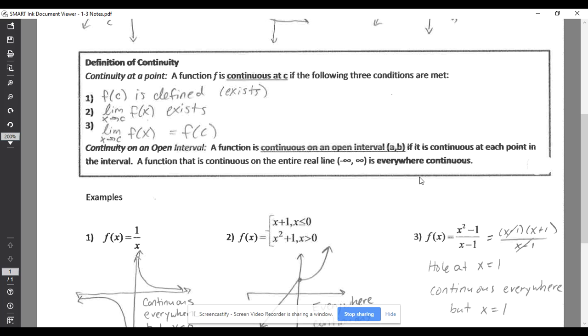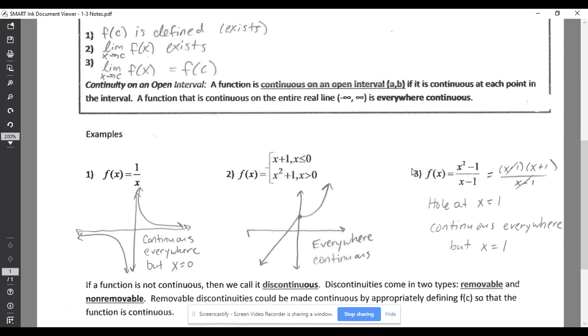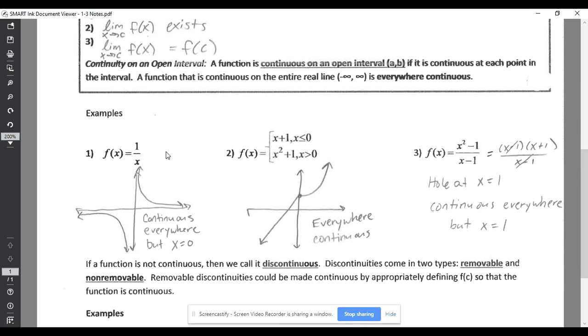Some examples of functions that are everywhere continuous would be regular polynomials, sine or cosine, an exponential function, anything that doesn't have a hole or a jump or an asymptote. Functions where you need to be careful are rational functions, piecewise functions, tangent, secant, cosecant, things like that that might have a hole or an asymptote.